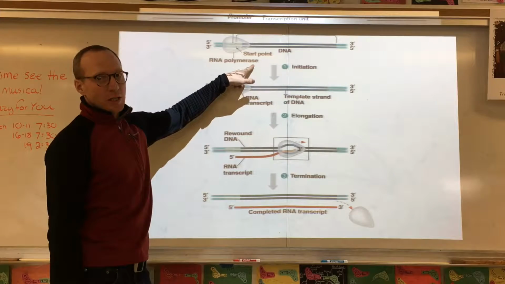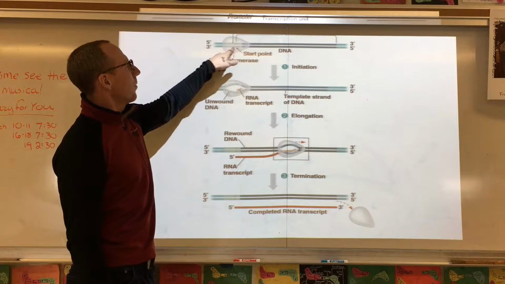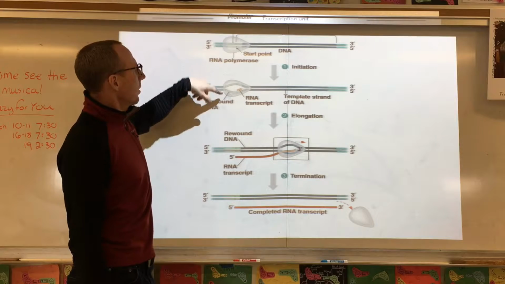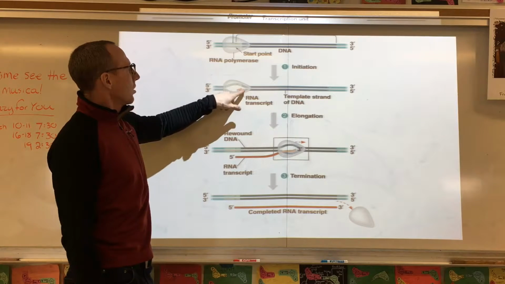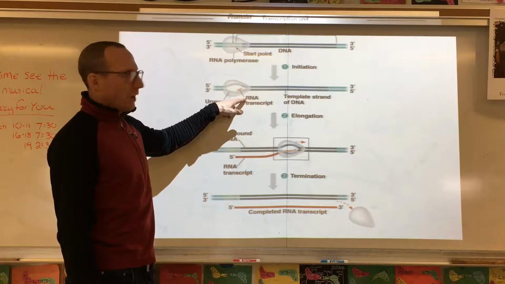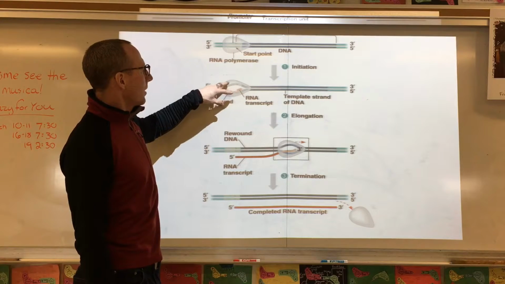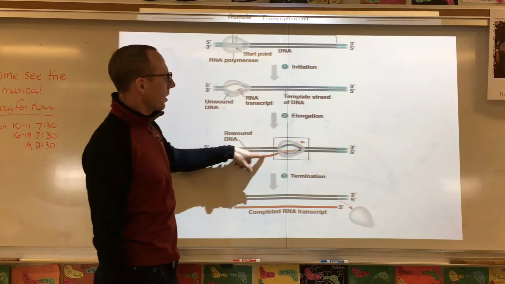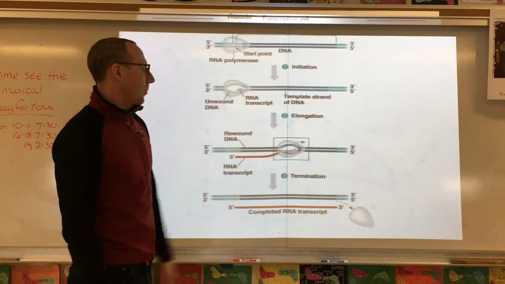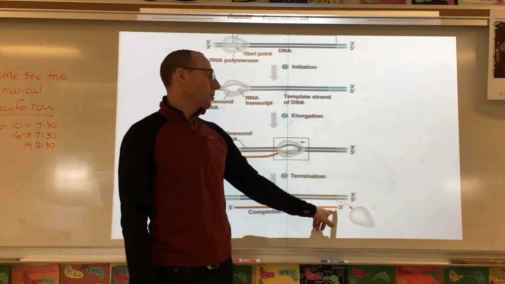The "ase" tells you it's a protein enzyme, binding to the promoter region, which has the TATA box in it. From here, it begins to transcribe RNA, okay? It unwinds the DNA and starts to elongate the RNA, and then it'll hit a termination signal and it'll pop off. And now we have this completed RNA transcript.